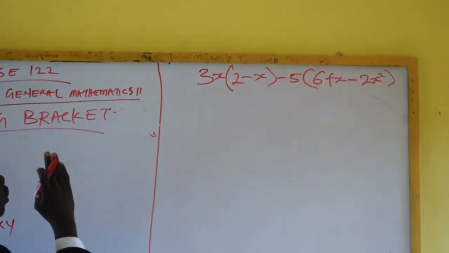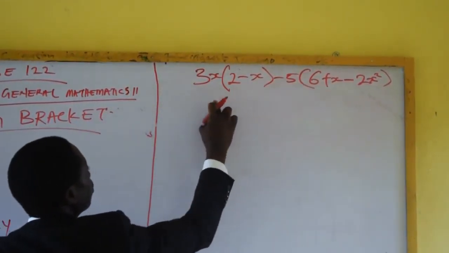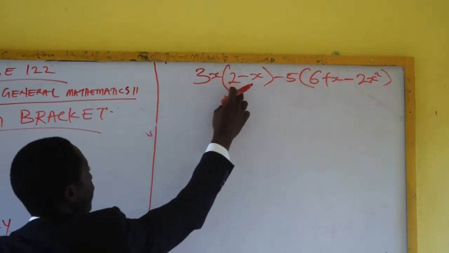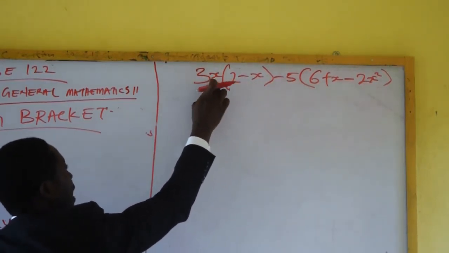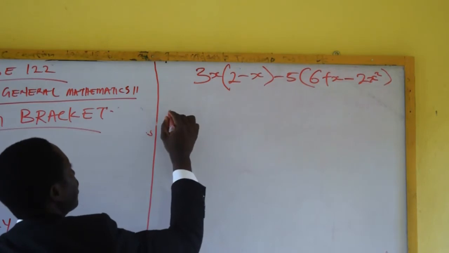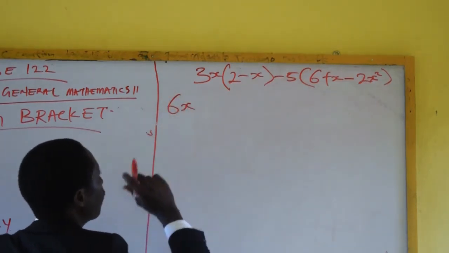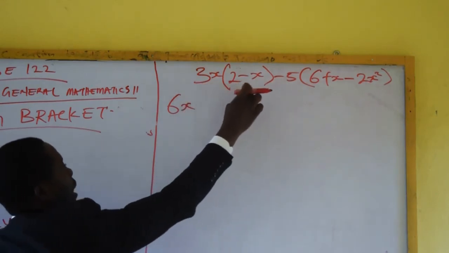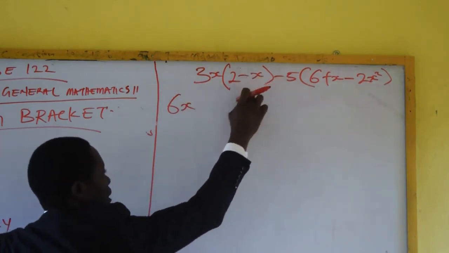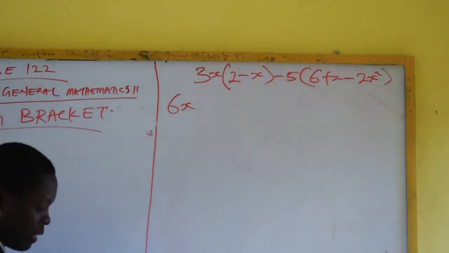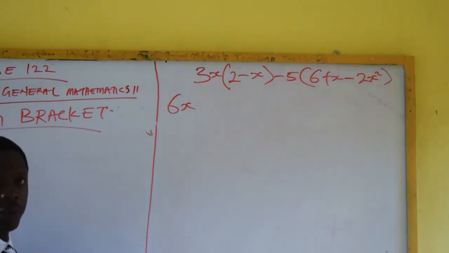Good. 3x multiplied by, don't forget the x, so 3x multiplied by 2. That will give you 6x. Is that okay? 3x multiplied by negative x. Don't forget that negative times negative will give you positive. Negative times positive will give you negative.